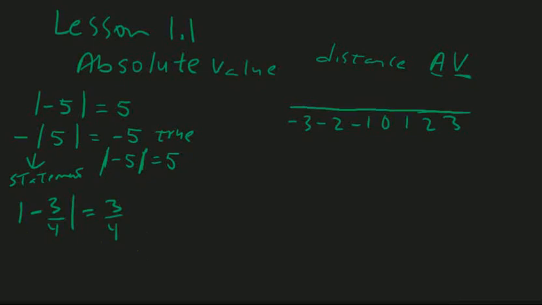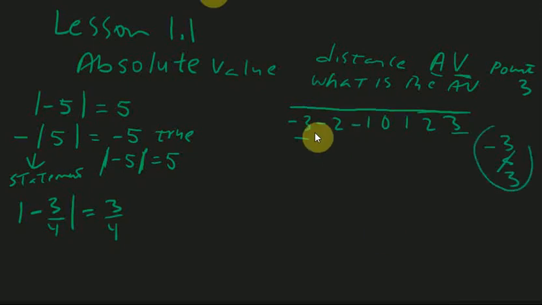So, let's say, what is the absolute value of -3? Let's write it down. The absolute value of -3 is going to be what? A positive. You want to take off the negative. So all you have to do is put -3 in absolute value, and you end up with 3.